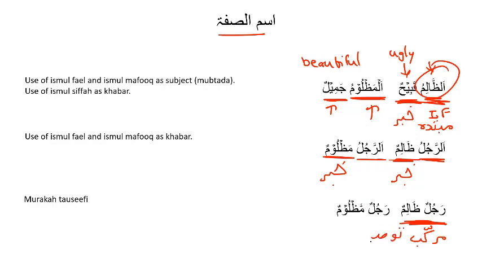Do you remember? Tawsifi, same root as sifa, right? It has an illat in it, it has a ya, which makes it tricky. But Tawsifi basically comes from sifa or property or adjective. So this is a murakkab tawsifi. Rajulun is the mawsuf, and the sifa or the adjective or the descriptor is zalimun. So rajulun mazlumun means a sort of victimized man.